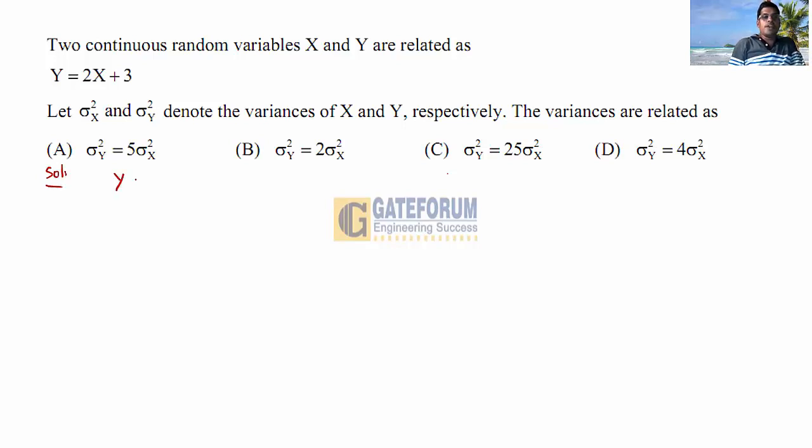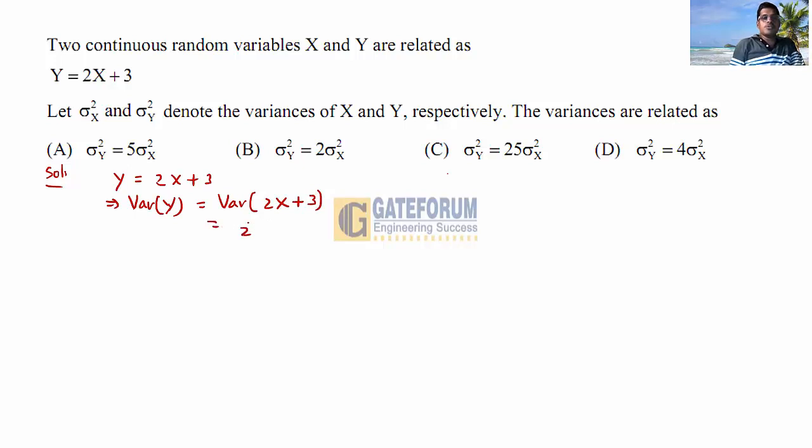So y is equal to, given, 2x plus 3. Y is a linear function of x. So variance, that means variance, VAR notation or sigma square of y, is equal to variance of 2x plus 3. 2 and 3 are constants.